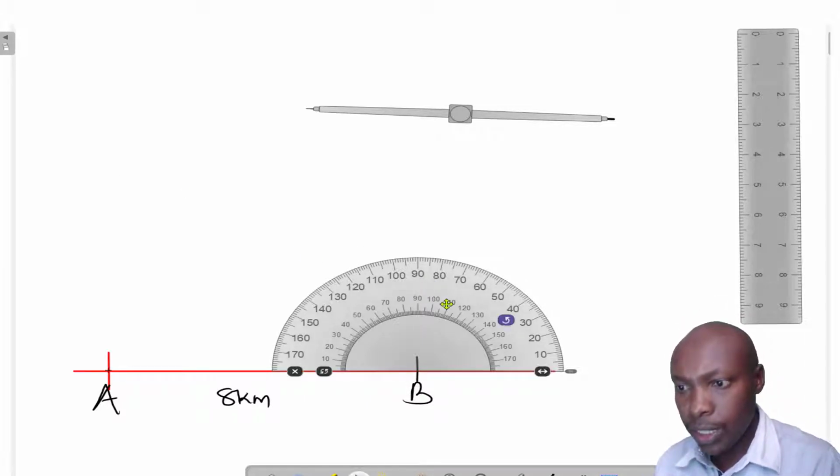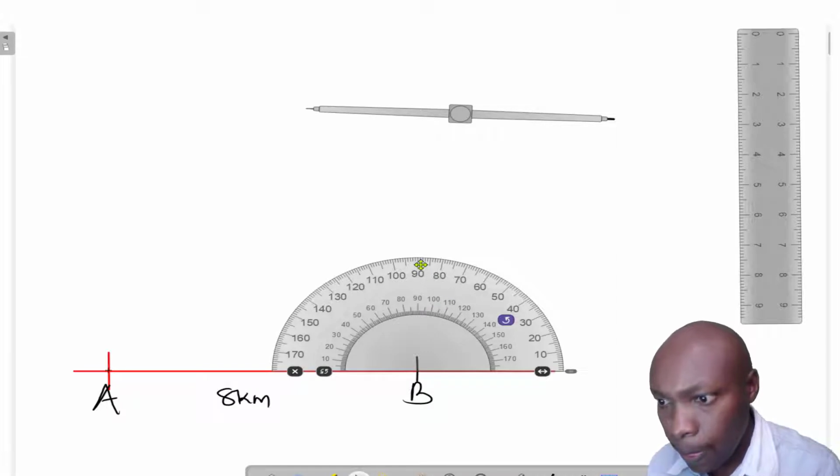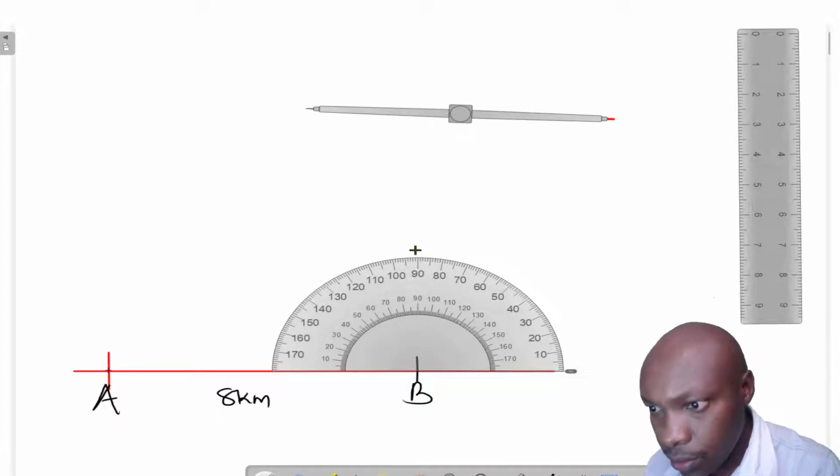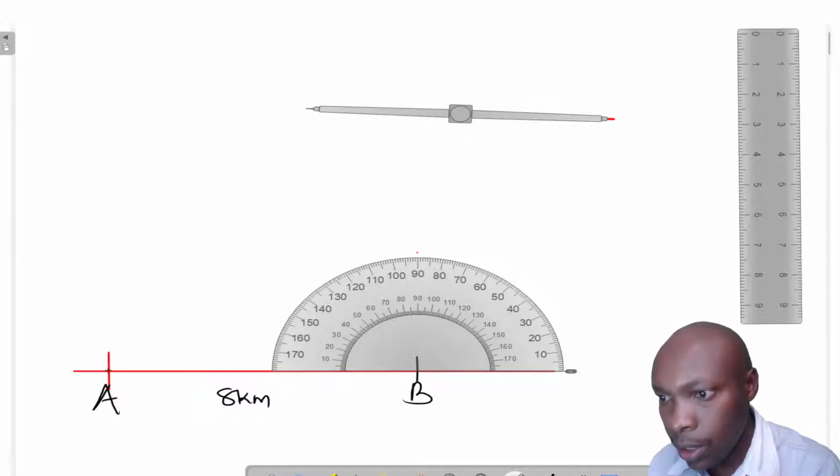Ensure that these will be 90 degrees. So I want to ensure that these definitely give me 90 degrees. That is the point I'm going to use. Let me just highlight that point.